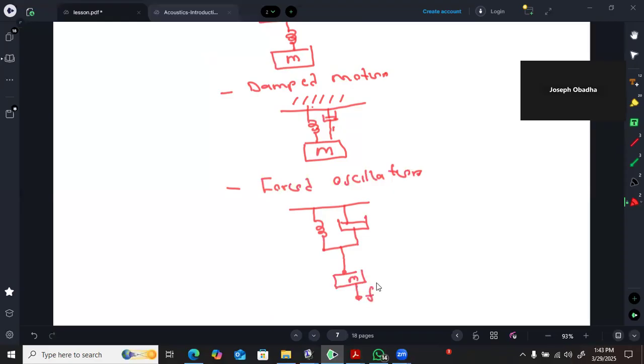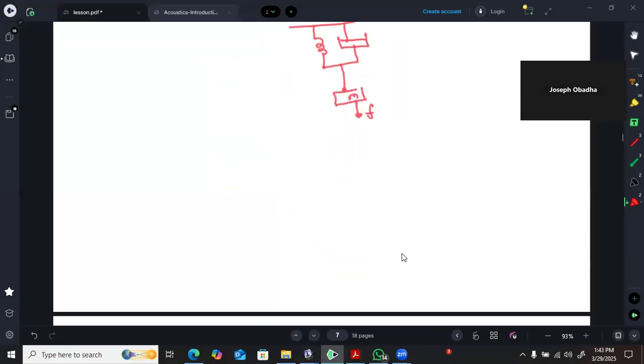And we derived the different types of equations and related some variables to the electrical quantities.